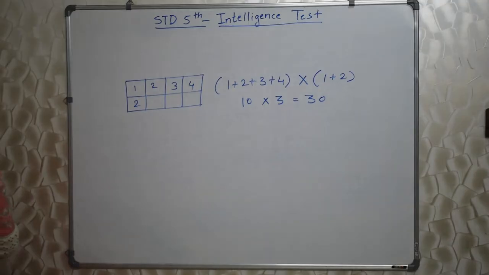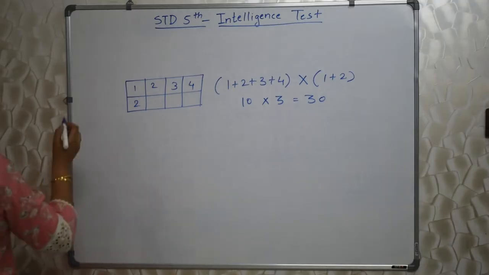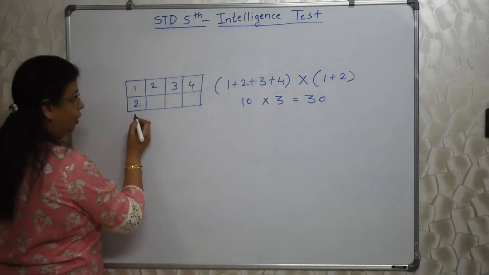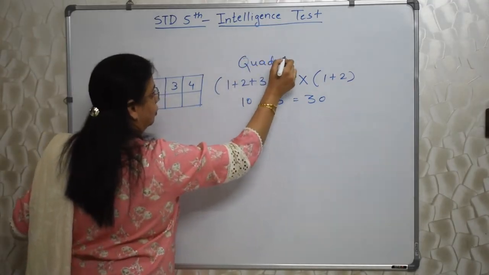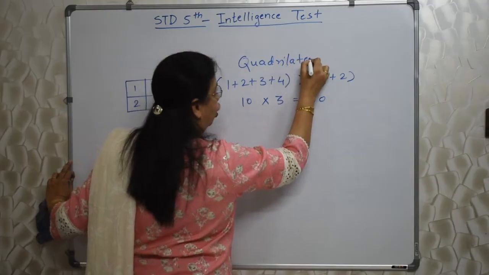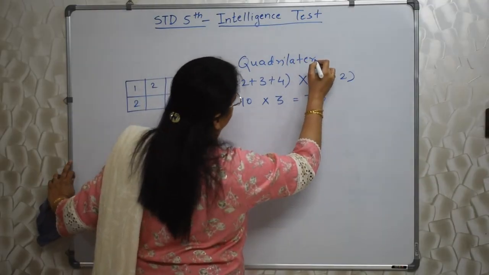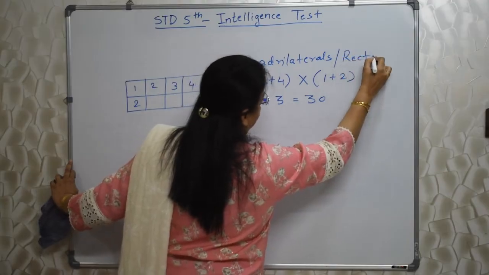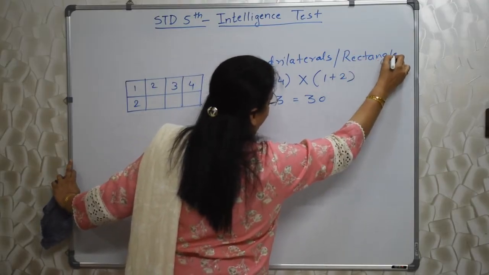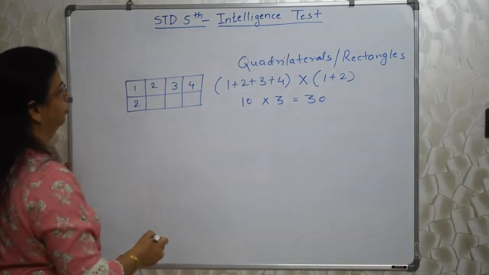It will take so much time, right? And if the same figure is given, this is for quadrilaterals or rectangles. Formula is same. Okay?